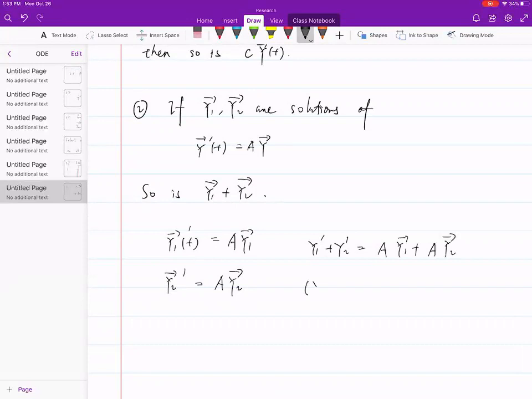On the left, you have y1 plus y2, which is the new solution. It certainly satisfies A times (y1 plus y2). So y1 plus y2 also satisfies this, thanks to the matrix operation being linear. So the key here is that these two are linear.